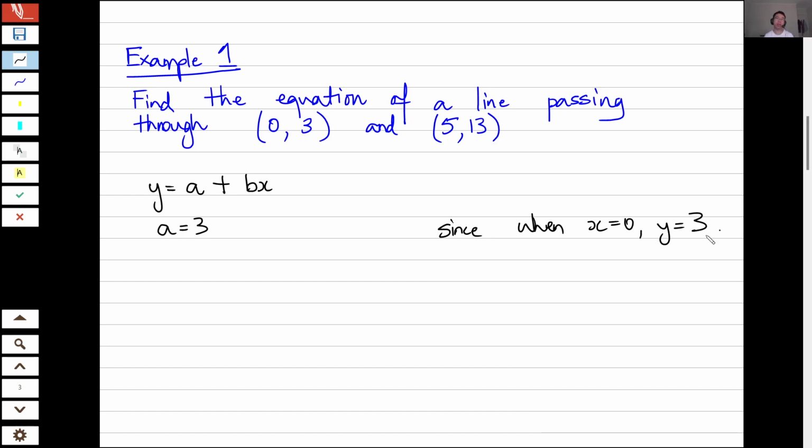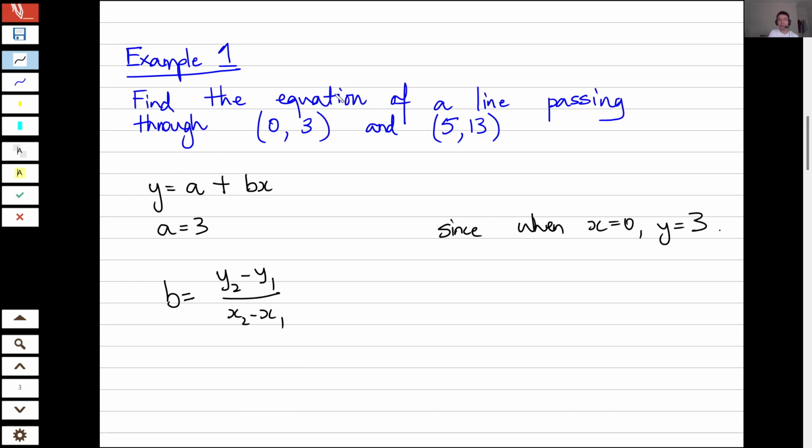You need to look for whether the intercept is given to you in the question. That's the easier case. The harder case is when the intercept is not given. So we'll start with the easier case. So we've got the intercept. Now, how do we find b? Well, we're going to need to use the formula involving y2 minus y1 over x2 minus x1.